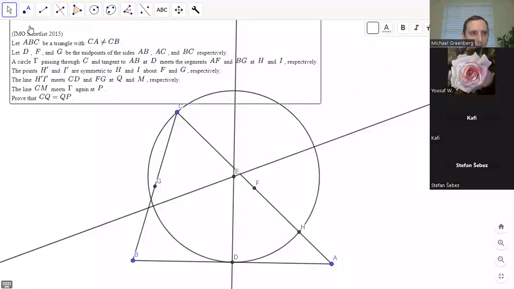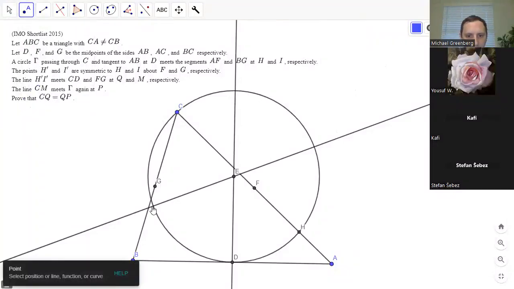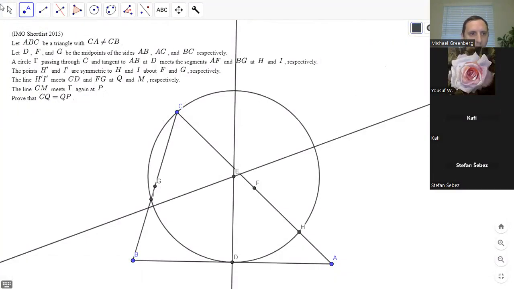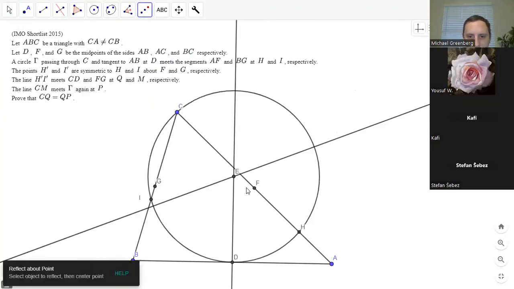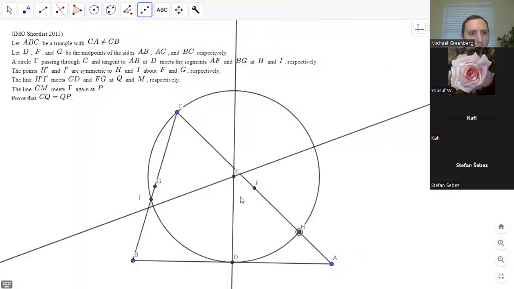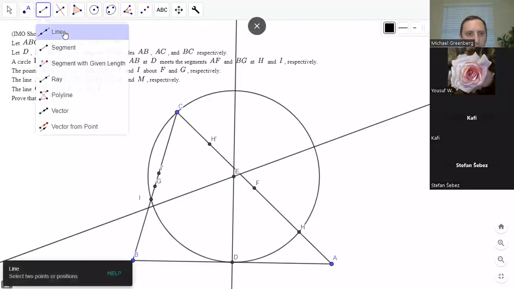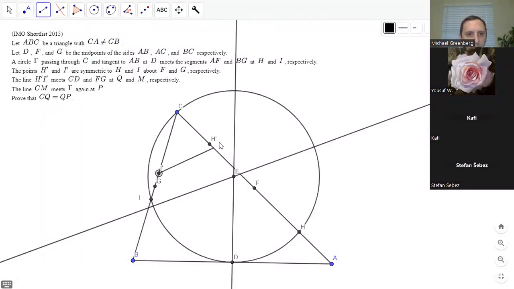At I, and then so that's I, and then the points H prime and I prime, so you reflect them about F and G. Oh, this looks nice. So is that right? And then H prime I prime meets CD and FG.